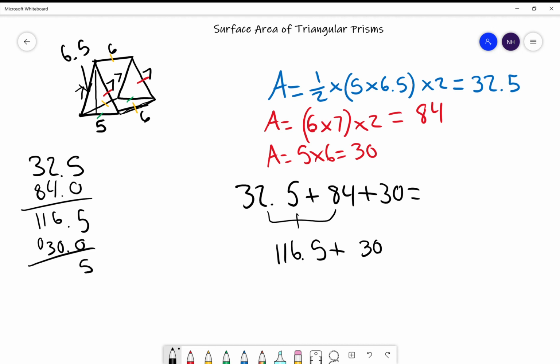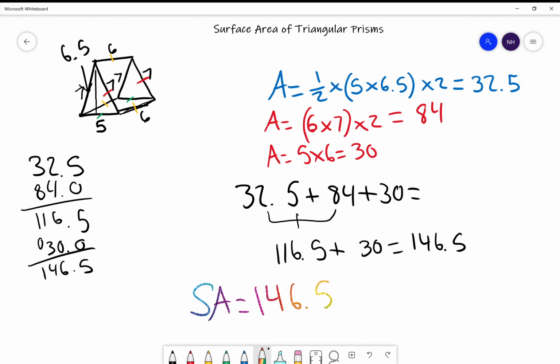Plus 30 equals 146.5. So surface area of this triangular prism is 146.5. I'm going to do meters. That's a really weird squared.